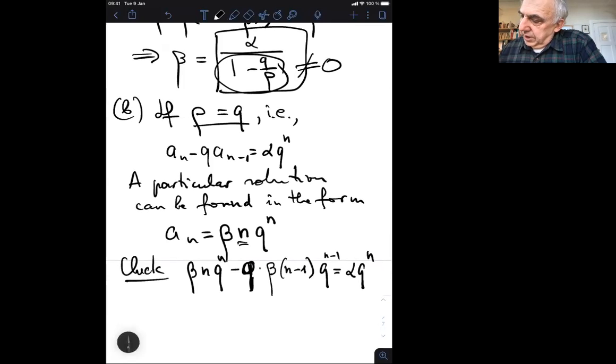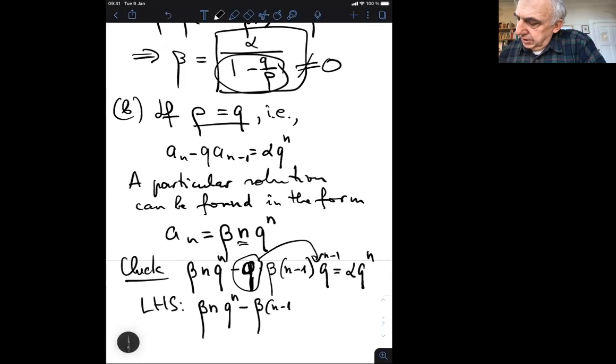Okay, so this guy comes in here. So the left-hand side now would be beta n q power n minus beta n minus 1 q power n. So what do we get here? Beta n q power n disappears.